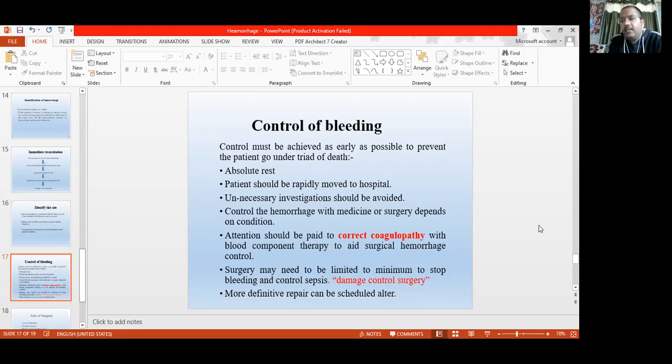That type of bleeding you have to control with medicine only, no surgery is required. But if there is a huge amount of bleeding inside, then that should be controlled by surgical procedures. So either correct the coagulopathy, or do the surgical procedures.